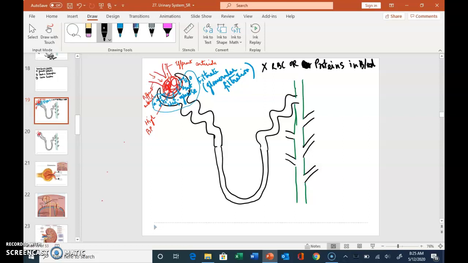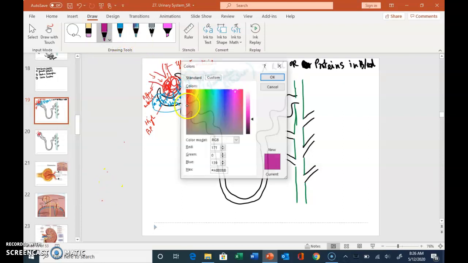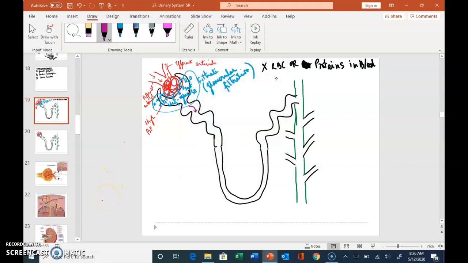Okay? All right. So now within the Bowman's capsule, or within the capsular space to be specific, you have the filtrate. What will the filtrate do? The filtrate will now start moving down the proximal convoluted tubule, and as the filtrate moves down, a lot of things get reabsorbed back into the system.